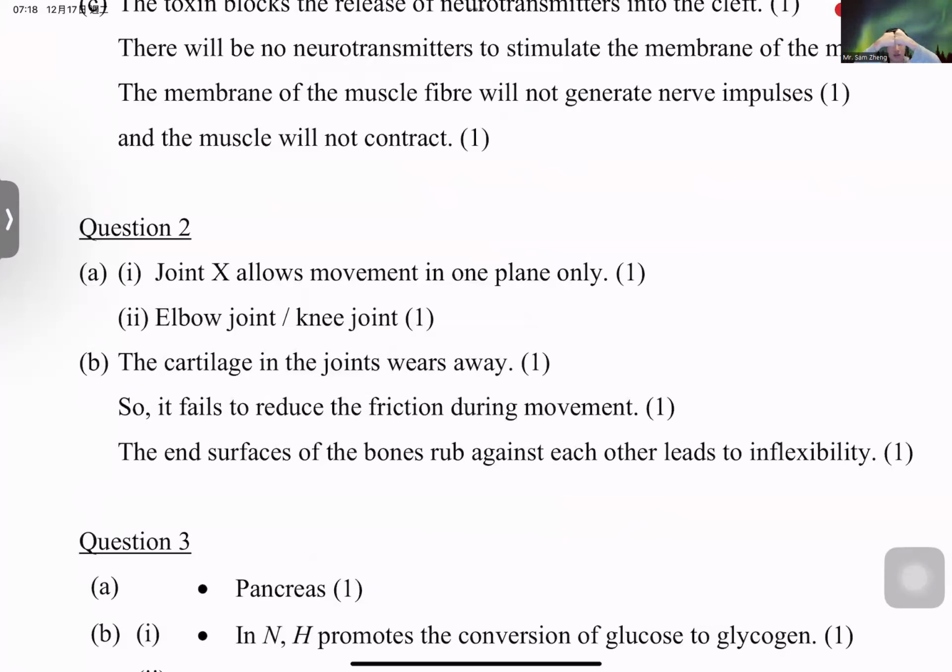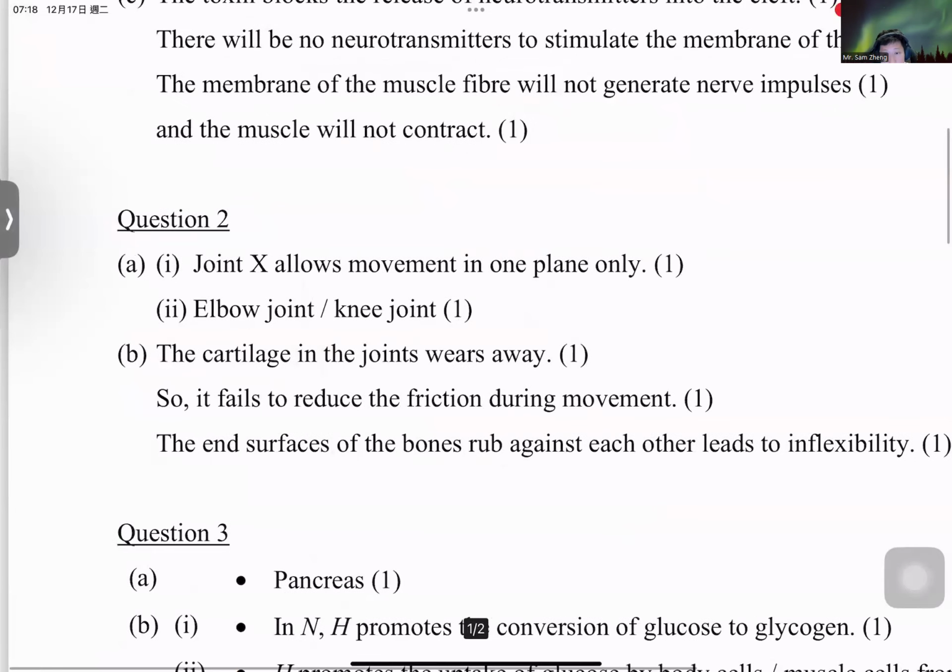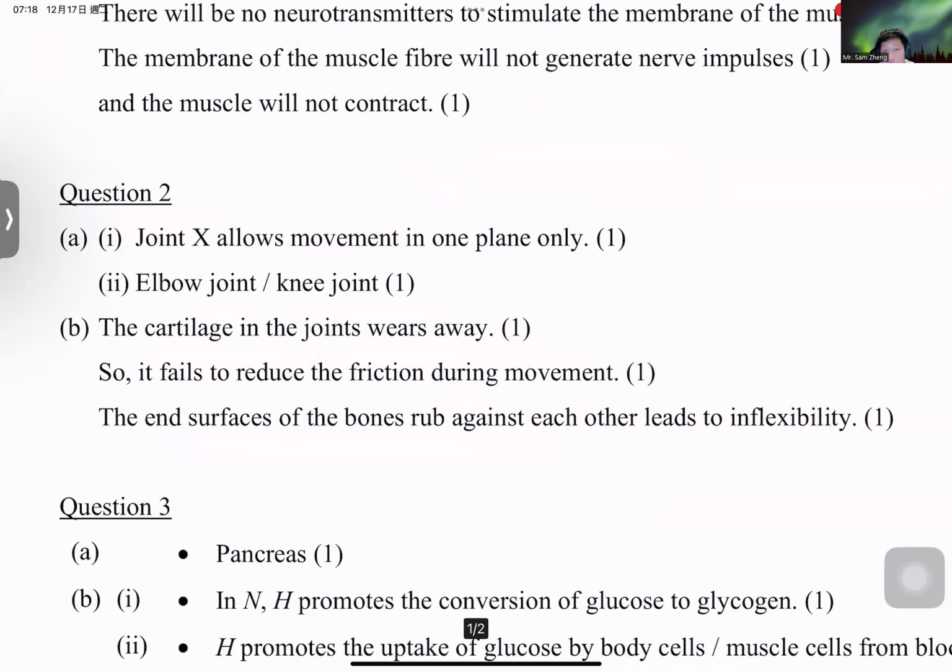In this case, it will cause a lot of friction, and this friction will make the bones difficult to move. So therefore, we need to mention rubbing against each other to showcase what would happen afterward. Is that okay?